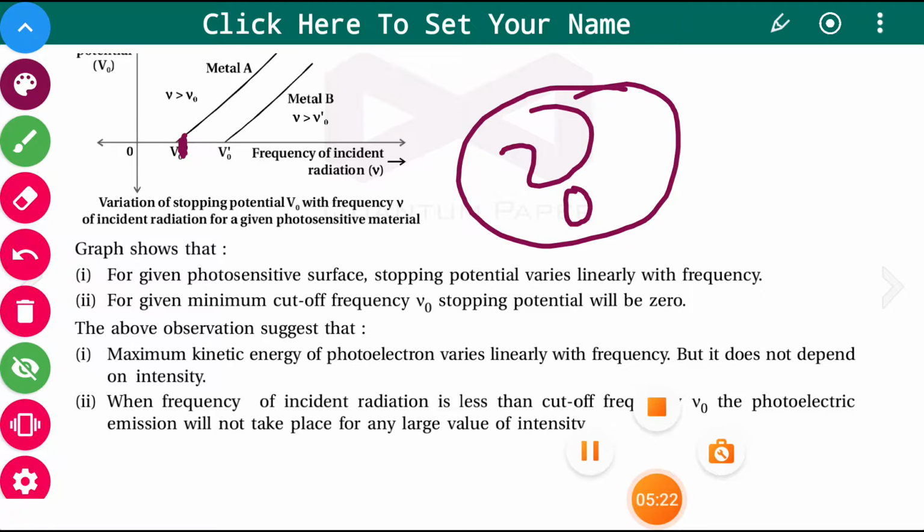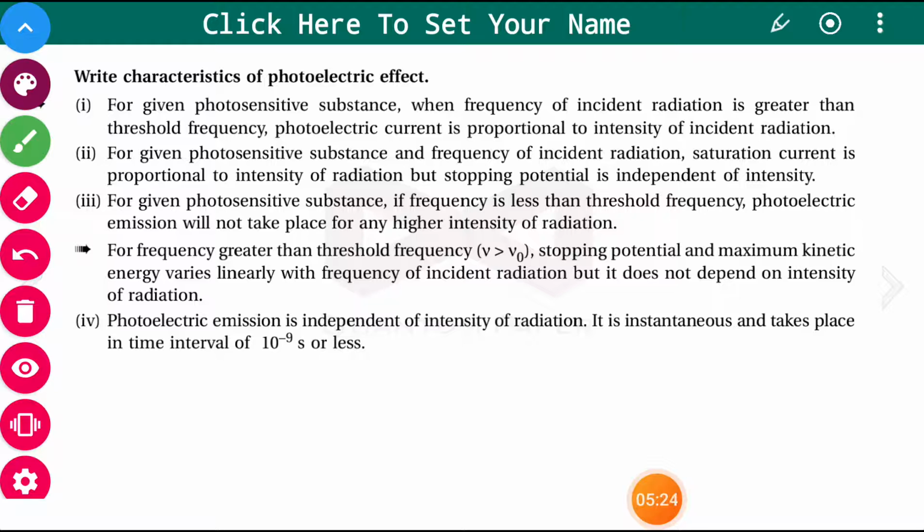Okay. Now there are certain characteristics of the photoelectric effect for a given photosensitive substance, that is the photosensitive surface. When the frequency of incident radiation is greater than the threshold frequency, the photoelectric current is proportional to the intensity of incident radiation.